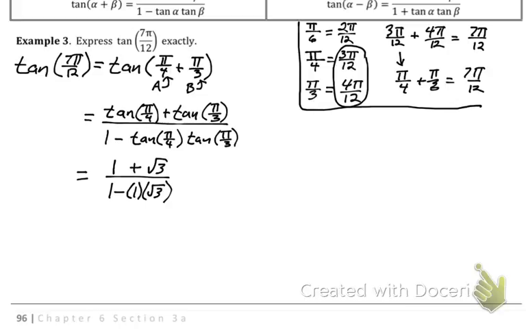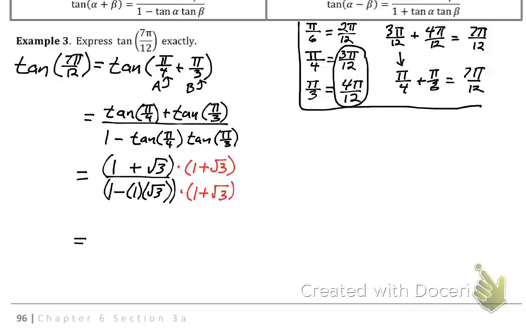The conjugate is what we're going to multiply to simplify. So I'd multiply the bottom by 1 plus square root of 3, which means I have to multiply the top by 1 plus square root of 3. Maybe I'll put this in parentheses and this in parentheses so I can remember to distribute fully.